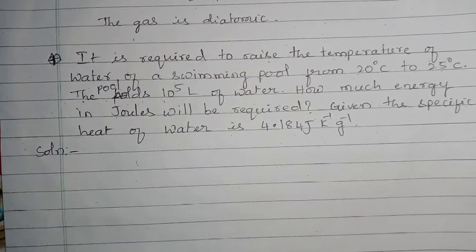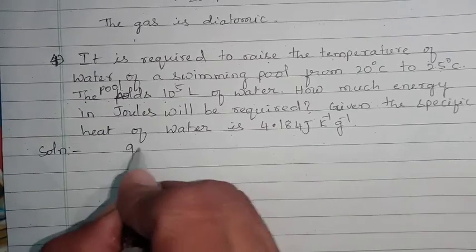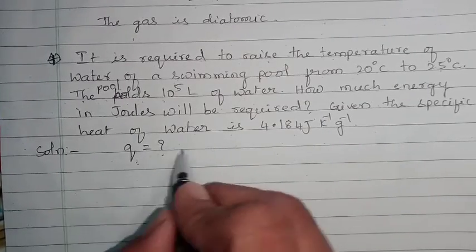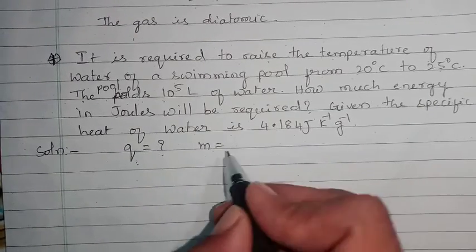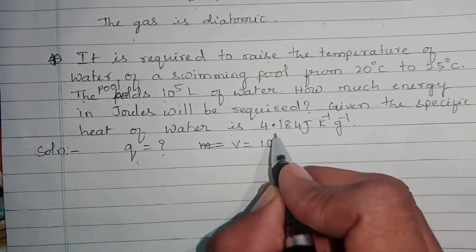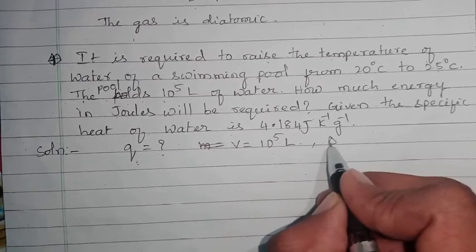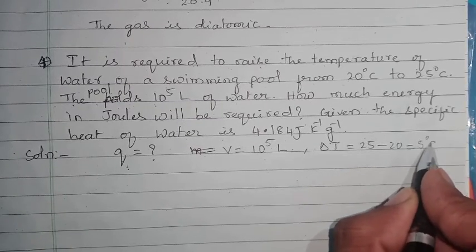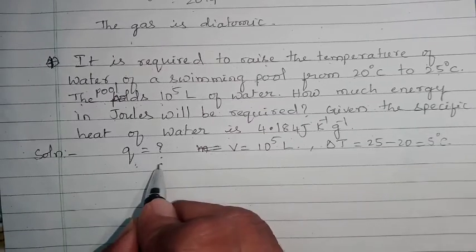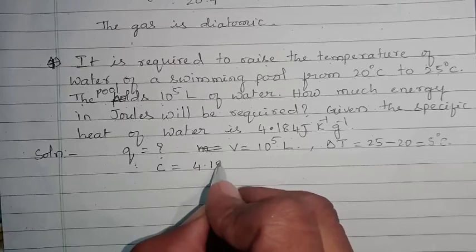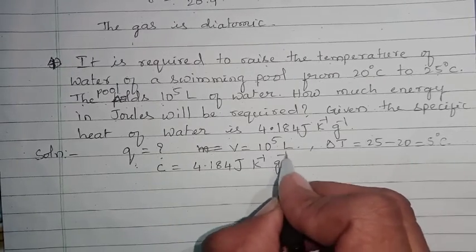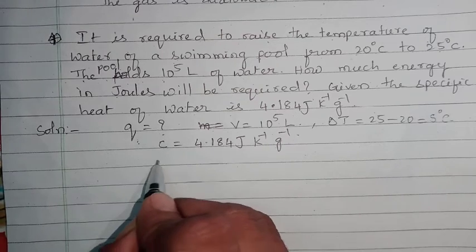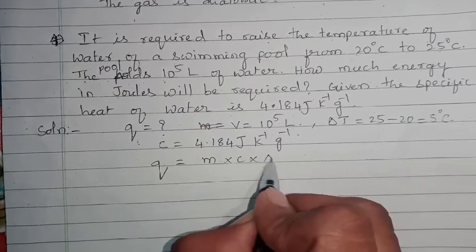To calculate Q, we use the formula Q is equal to M into C into delta T, where delta T is 25 minus 20, equal to 5 degrees Celsius.